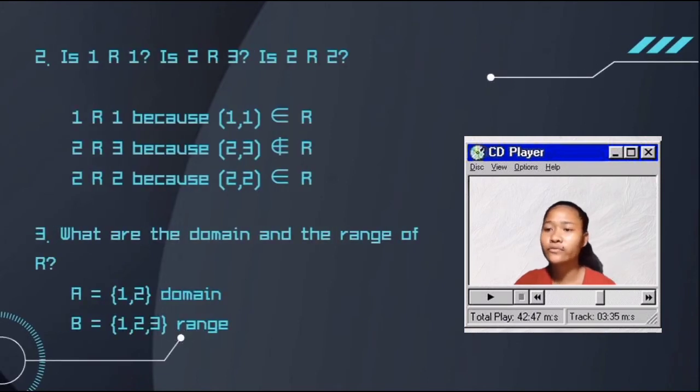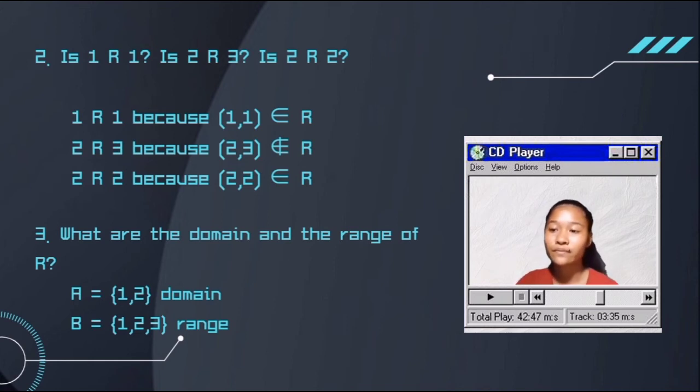Let us now move to question 2. Is 1 related to 3? Is 2 related to 3? Is 2 related to 2? The answer to the question: is 1 related to 3?